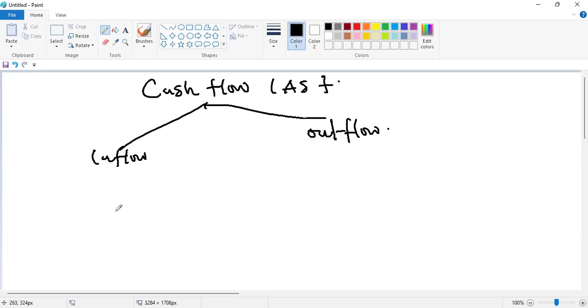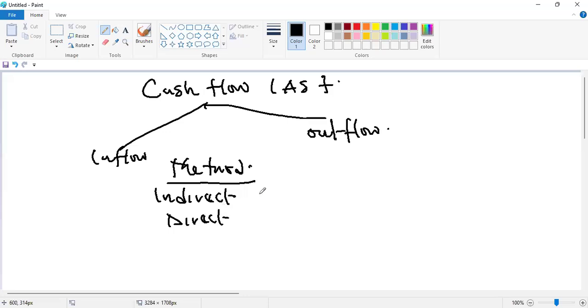Now, don't forget, the methods of preparing cash flow statements are indirect and direct. But either direct or indirect, don't forget at this level, no more direct. What they can test is the indirect method.